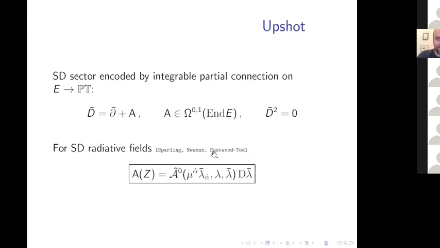This was worked out a long time ago in the 80s by Sparling, Newman, Eastwood, and Tod. So these self-dual radiative gauge fields can be described extremely naturally in terms of twistor theory, in terms of an integrable complex structure, where we have a very explicit realization of what the complex structure actually is in a particular gauge choice, if you like.